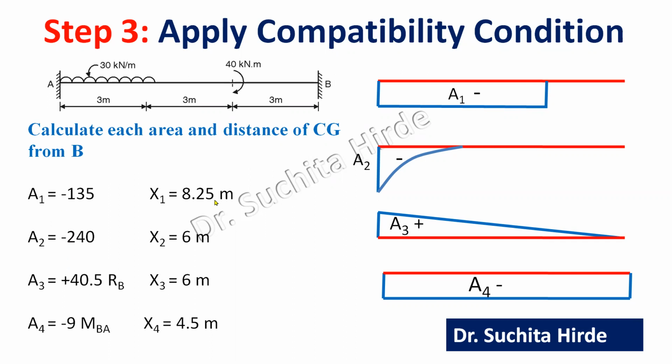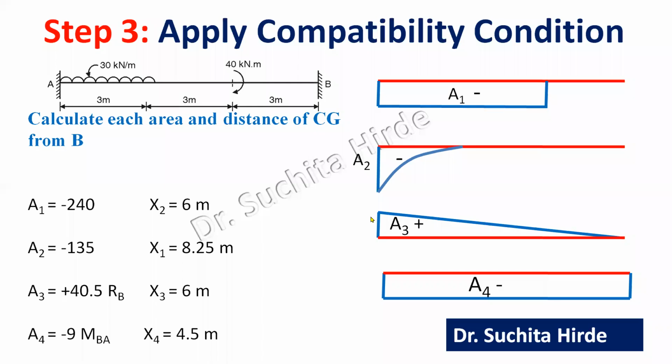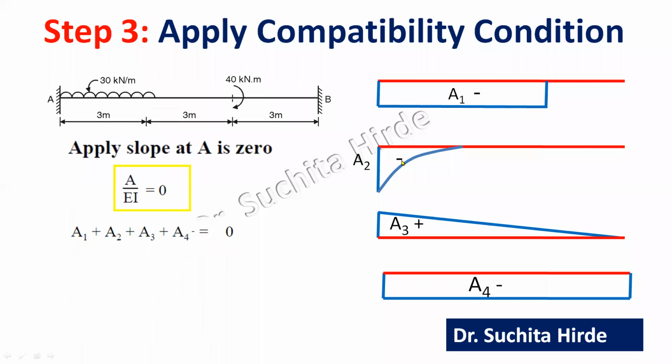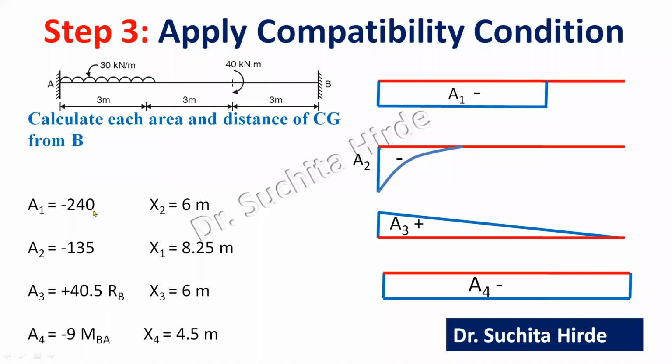X1 is 6 meter, because A1 is this 40 into 6, which is minus 240, and its distance is 3 meter plus 3 meter, which is 6 meter.